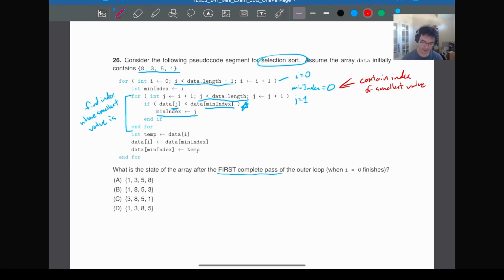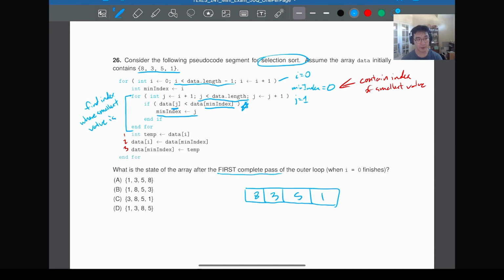Okay, so let's do the next line of code, which is right here, 2 and 3. Draw my array, let's draw it a little bit better: 8, 3, 5, 1.